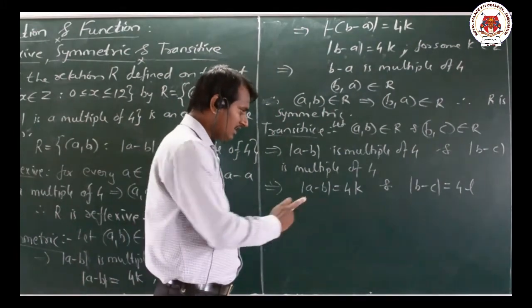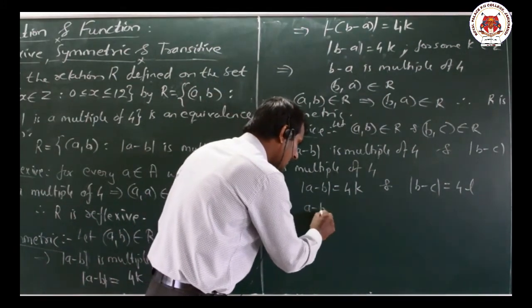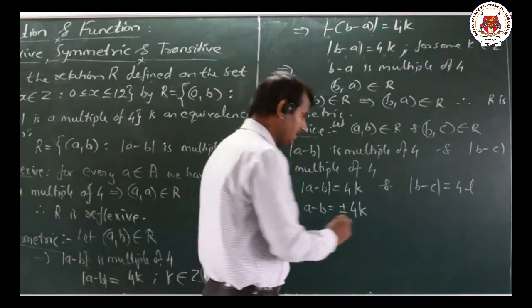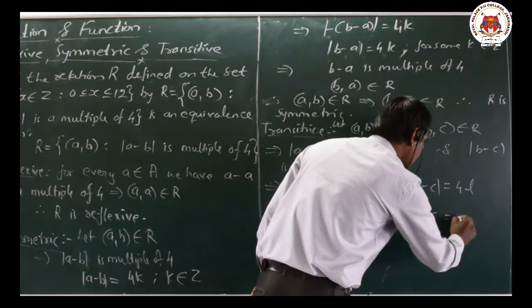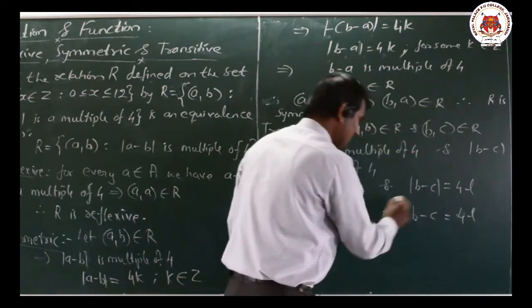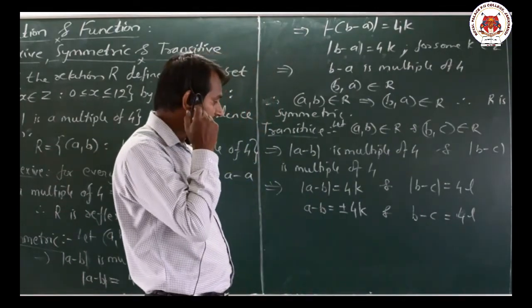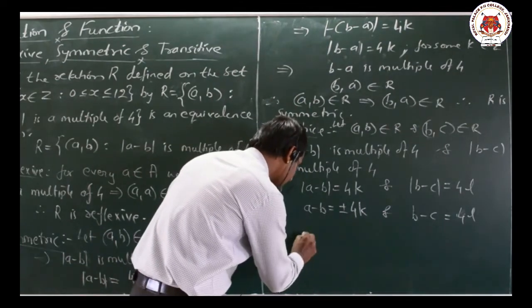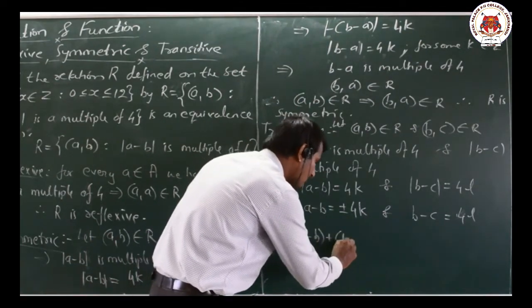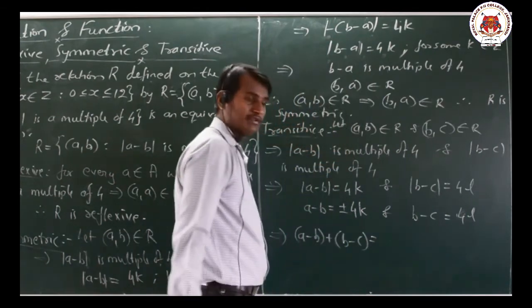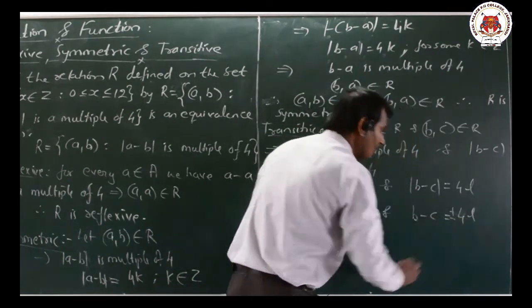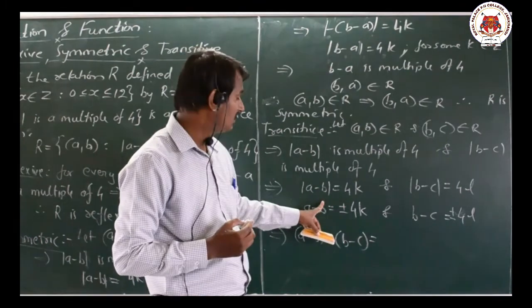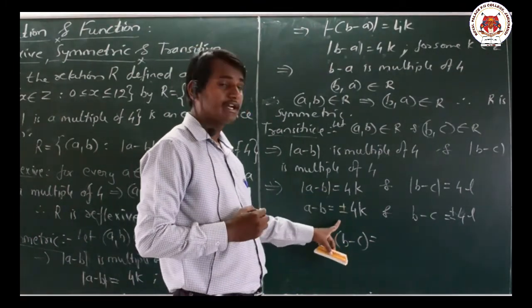Now this property I can write as a minus b equal to plus or minus 4k, and b minus c equal to plus or minus 4l, for some k, l belongs to Z. Dear friends, I will add these two. What I get is a minus b plus b minus c equal to plus or minus. Why am I writing plus or minus? Because of this modulus: if you want to remove the modulus, we compulsorily have to write plus or minus.